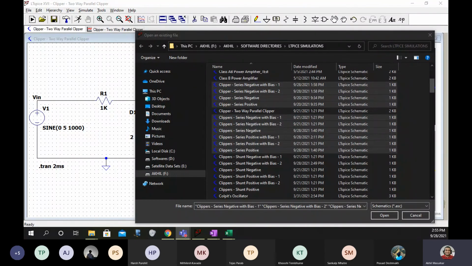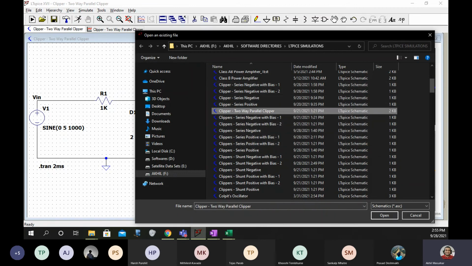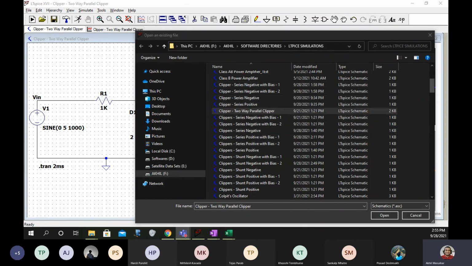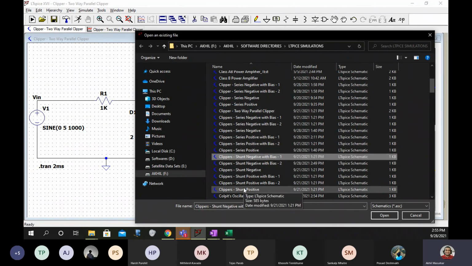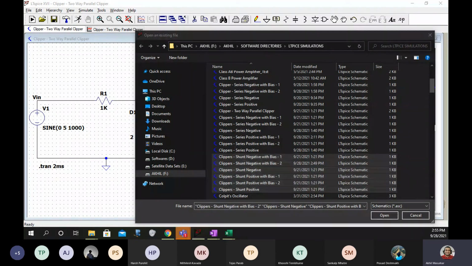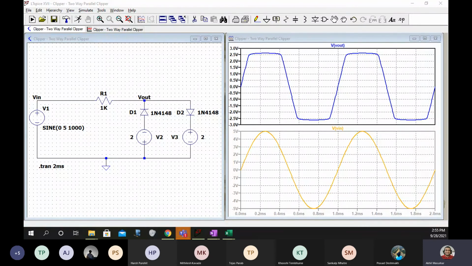Just check whether you are receiving these files or not. Then this is the two-way clipper, and then we have shunt. So can somebody confirm whether you are able to see those schematic files? Yes, sir.